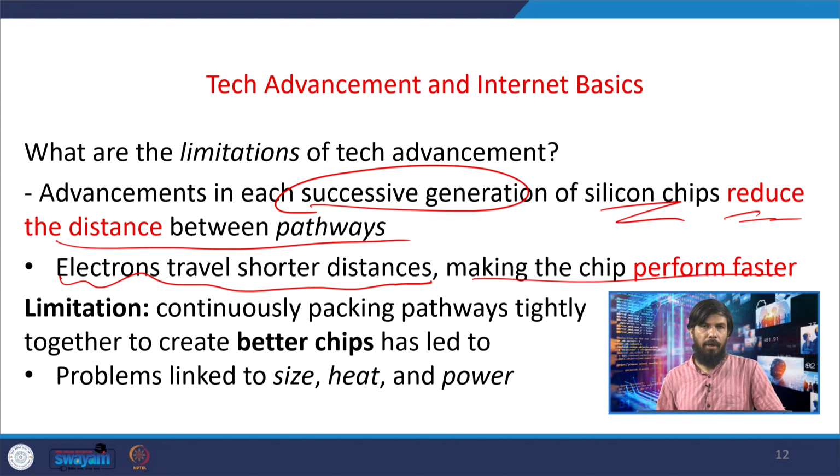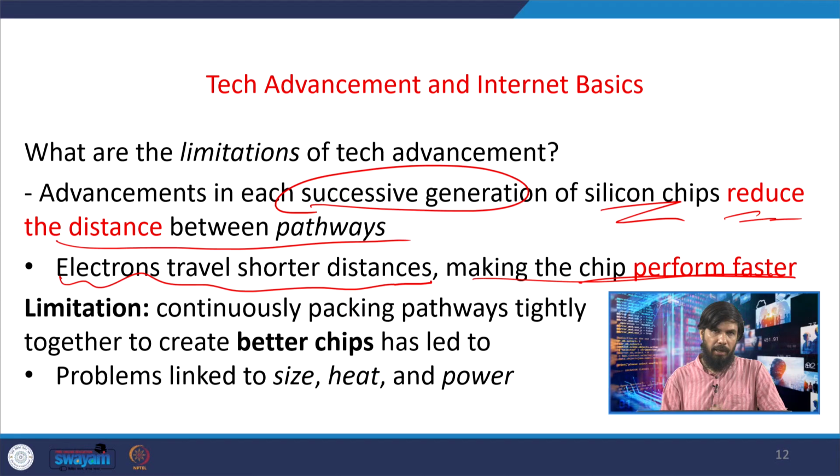The continuous improvement in speedy silicon chips that we get in every successive generation is because, with advancement in production technology, these pathways are getting reduced.